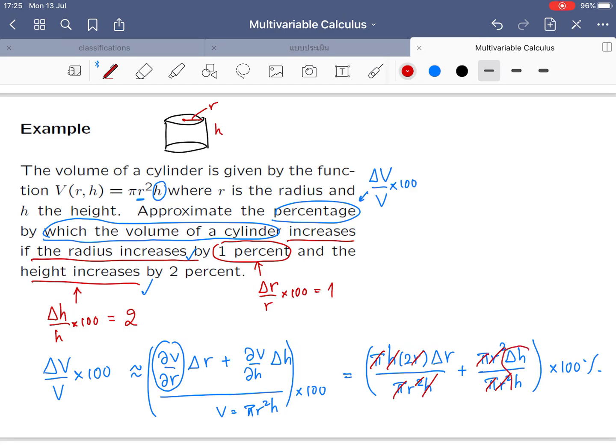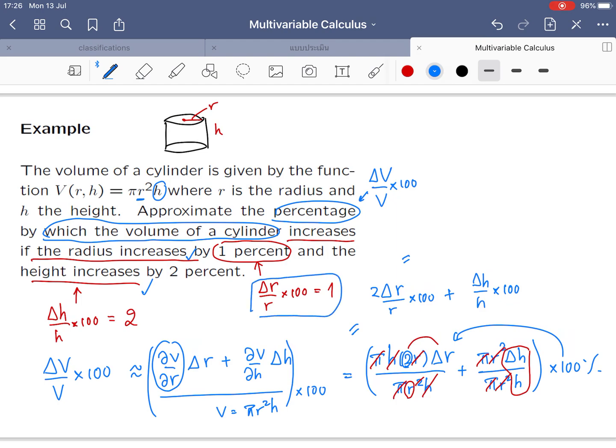So what you end up with on this component is delta h over h, and this one is 2 delta r over r. So let me just write it down here. You have delta r over r with the factor of 2 multiplied by 100, and your delta h over h multiplied by another 100. Your delta r over r with 100, so you have 2 and 1.